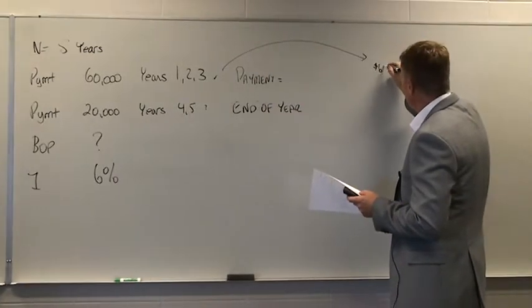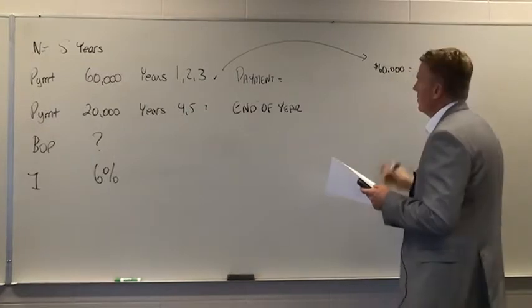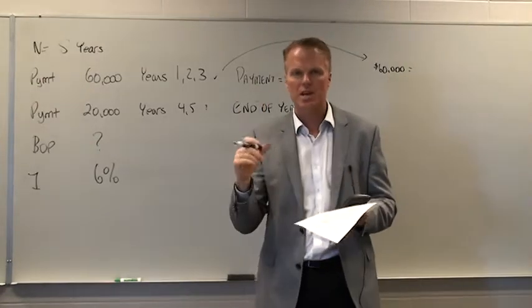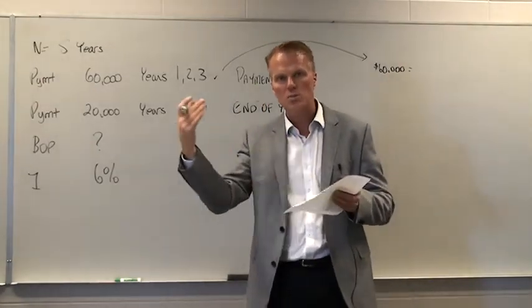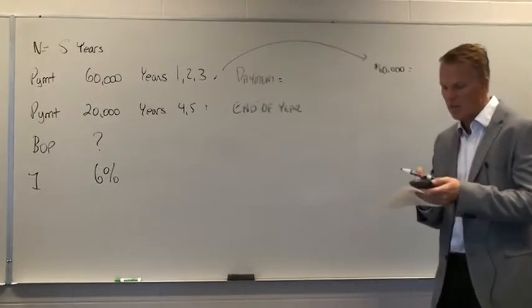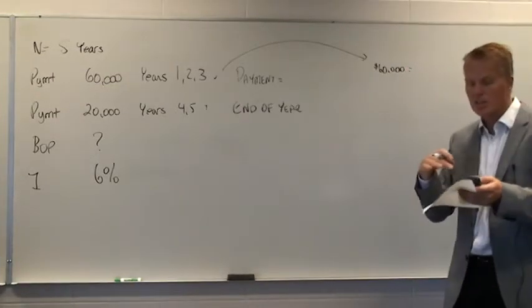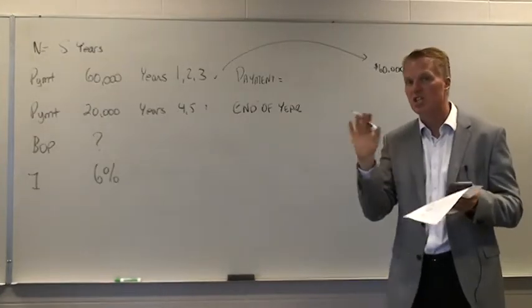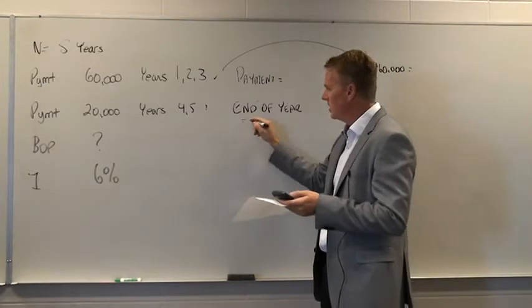So let's do this calculation first. Our $60,000 payment is an annuity because it's a regular payment over a period of time. So treat it as an annuity. Make sure your calculator's cleared, second function FV. Make sure you've got no BGN because payments occur at the end of the year.